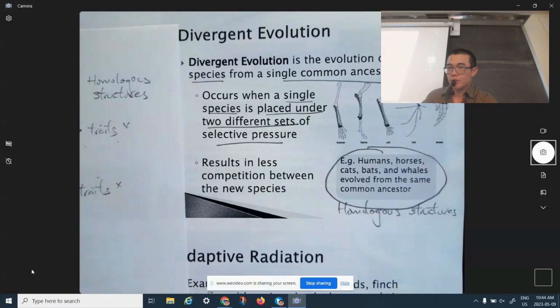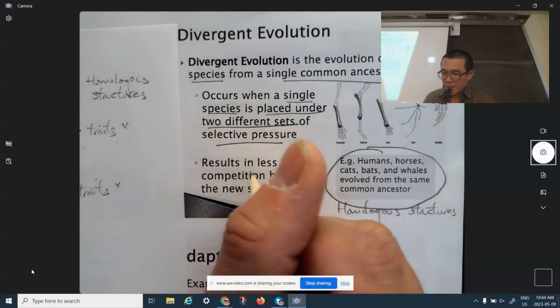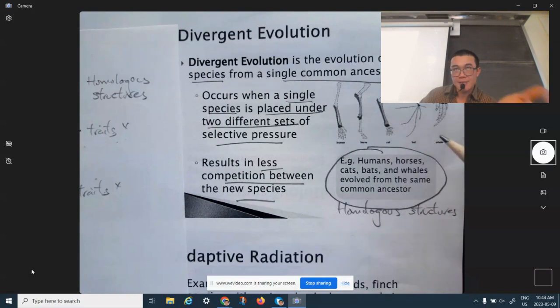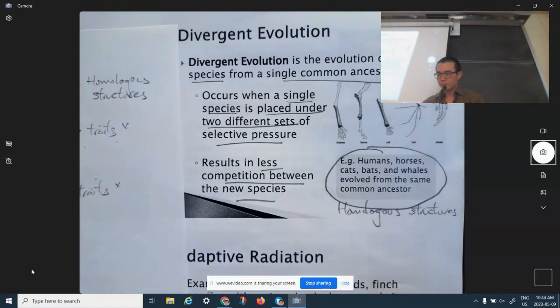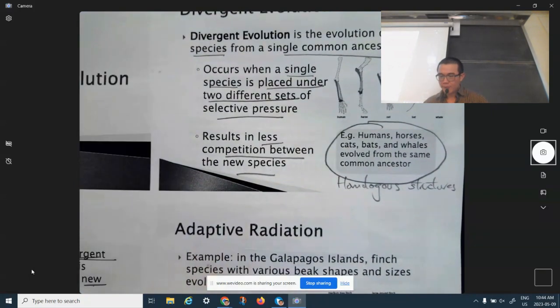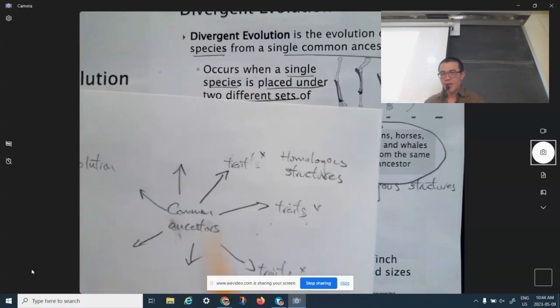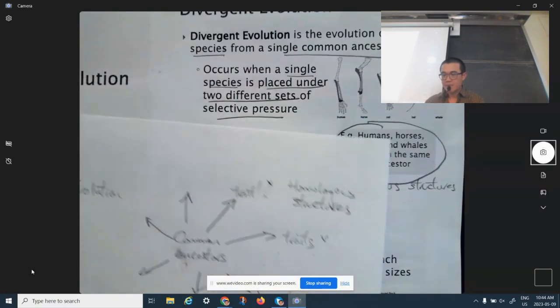As the species differ and evolve, you will get less competition between the 2 new species. The one that evolved to develop flight will have less competition with those who have developed the ability to swim. So you have less interspecies competition. This is why I said in divergent evolution, common ancestors evolve slightly different traits in slightly different species, okay?